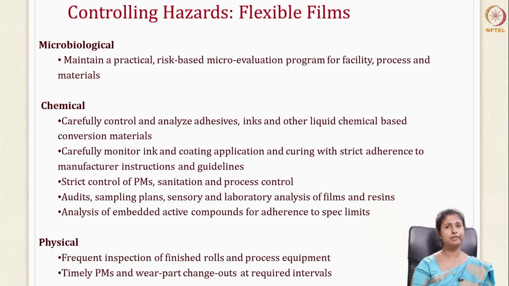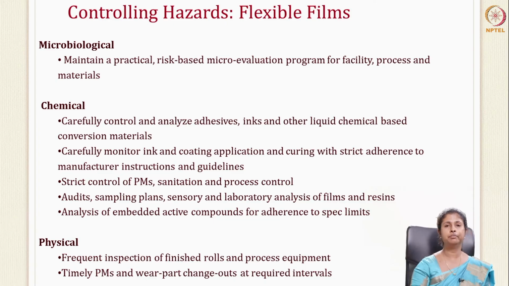Similarly, for the flexible films like your plastics and other laminates, how do you control these hazards? For microbiological hazard, again you have to have a strict program in place in the facility and for the processes. For chemical hazards, see that you control and analyze the adhesives, the inks and any other chemicals that you're going to use on the packaging material.